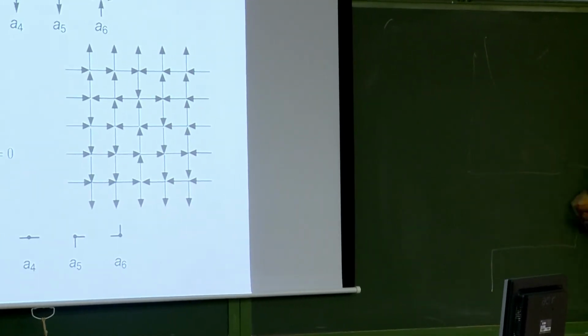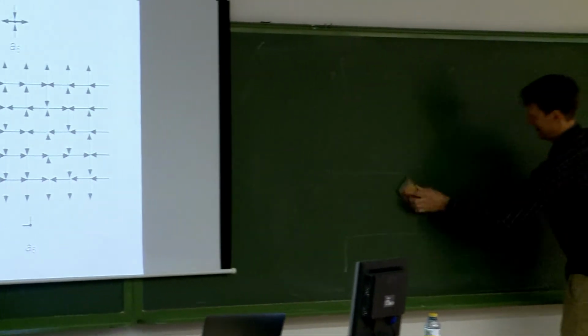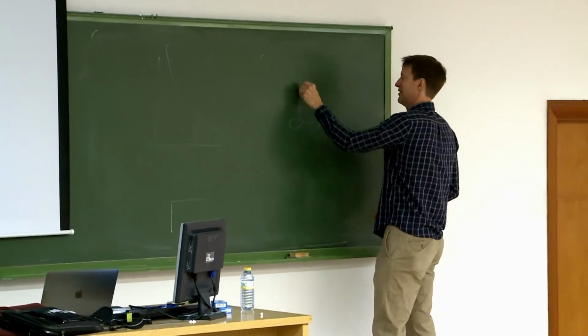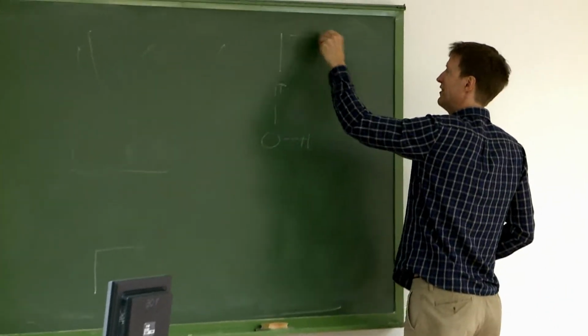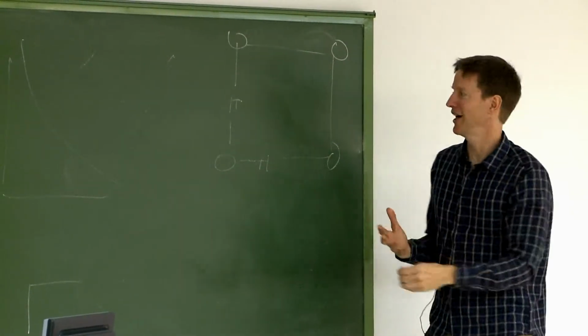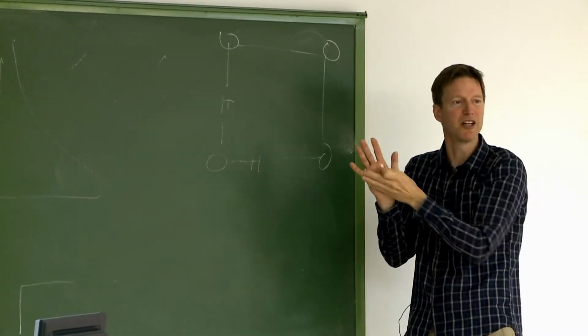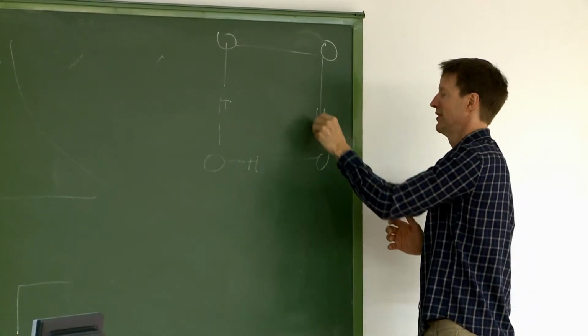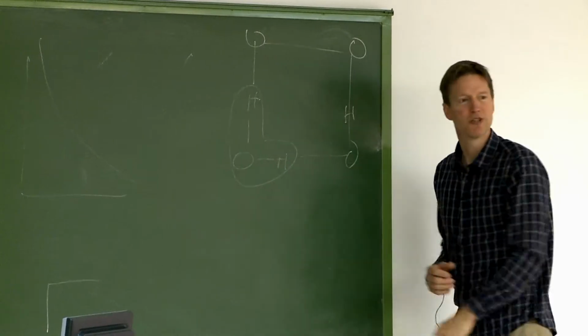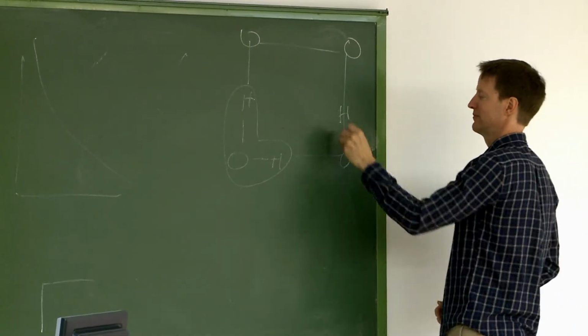I don't know if you can see the board, but I can draw a little picture. Imagine having 1 oxygen at each site, and I want to put the hydrogens along the edges, bonding between 2 oxygens, but each hydrogen is associated to one of the oxygens.